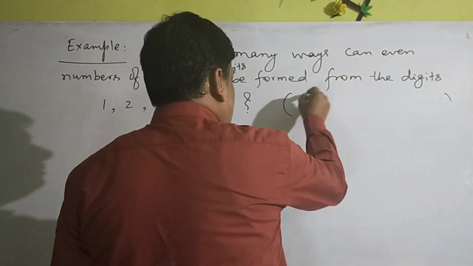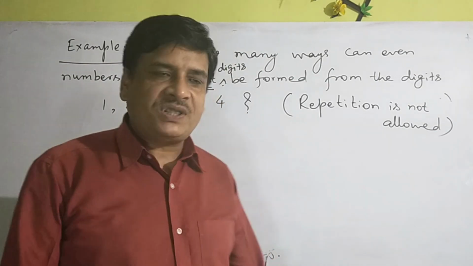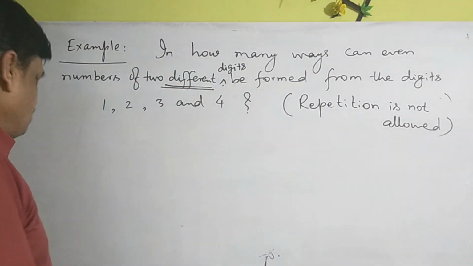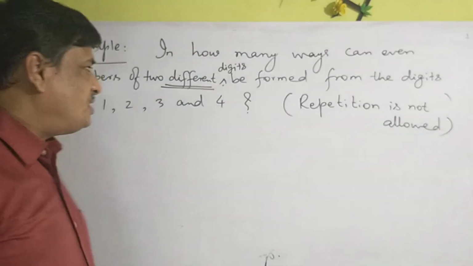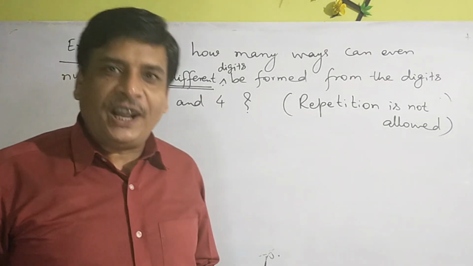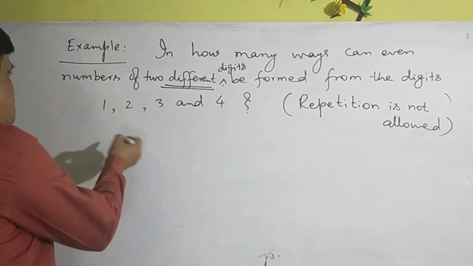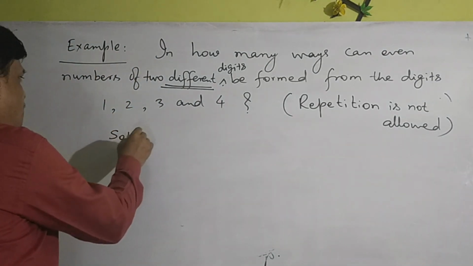One digit can be used once, not 2 times. While forming the even numbers, the condition is that digits must be different, and also the numbers must be of 2 digits.